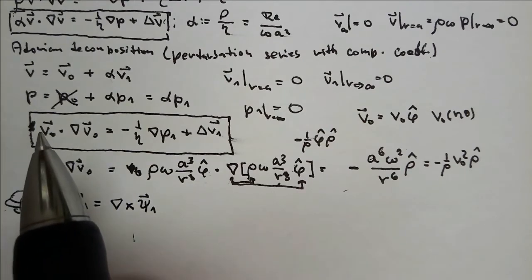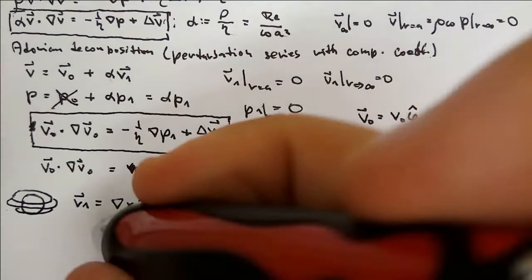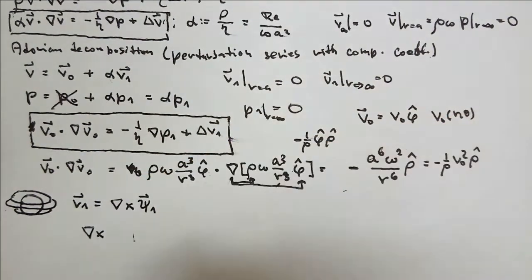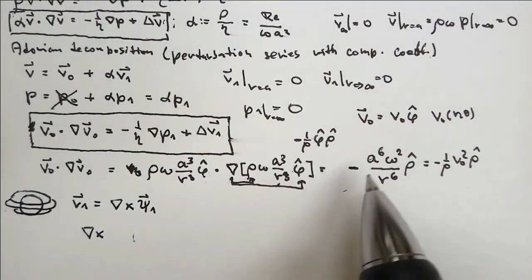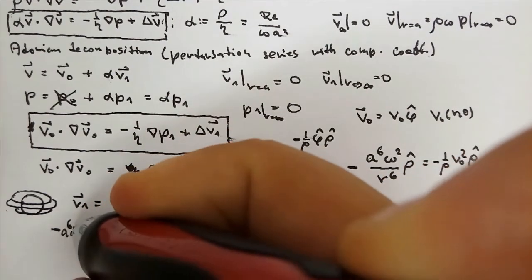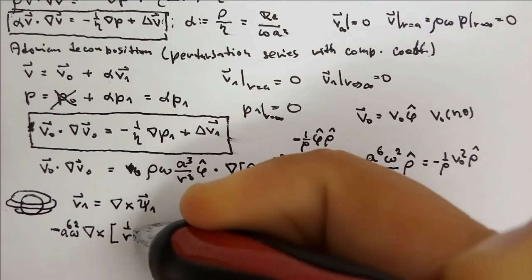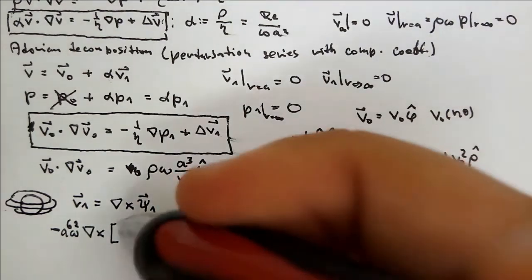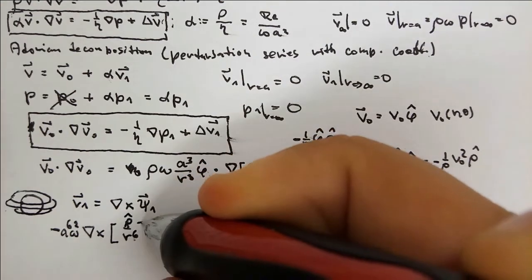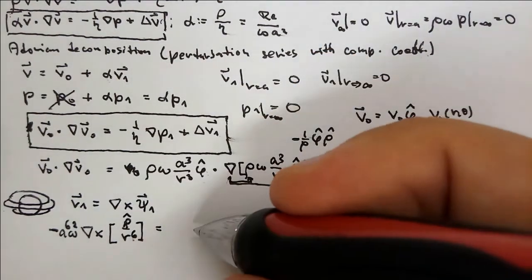And if you take the curl of this equation, you will get the curl of this, which is minus a to the 6th power omega squared curl of 1 over r to the 6th power rho hat, equal to, this is 0 because curl of gradient is 0.